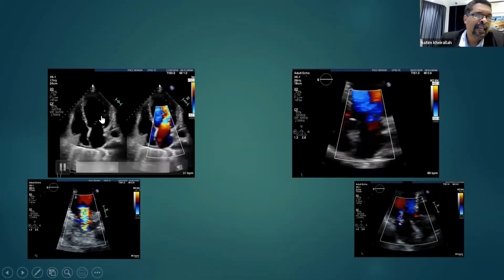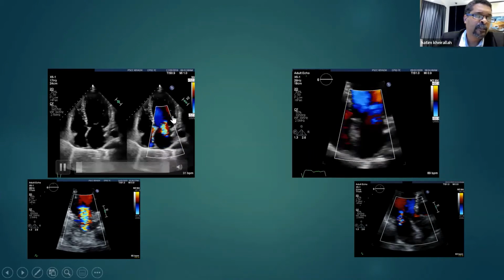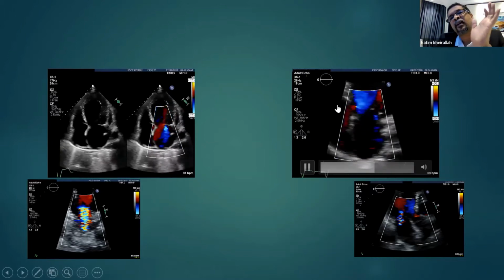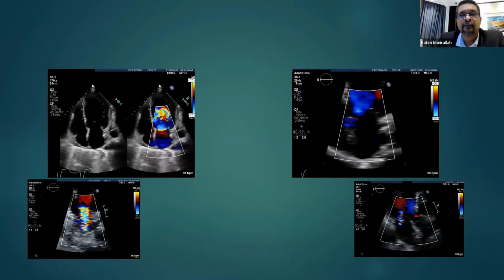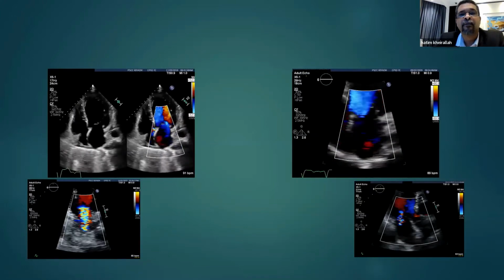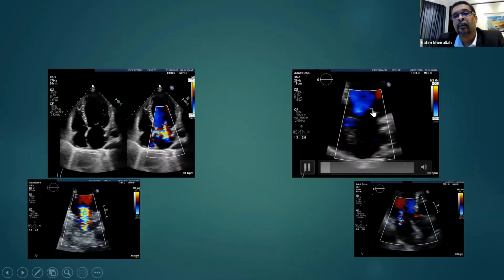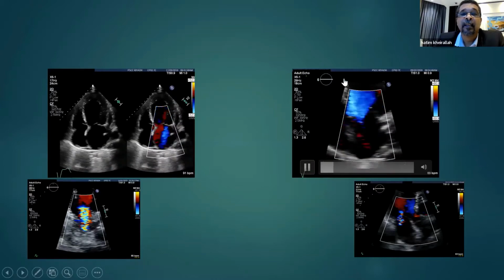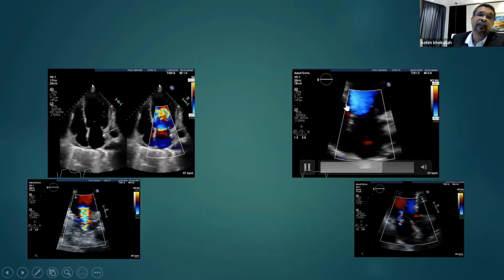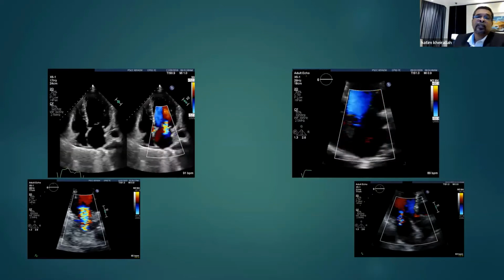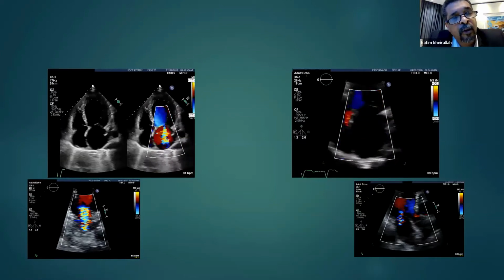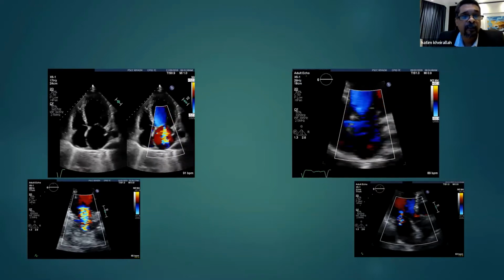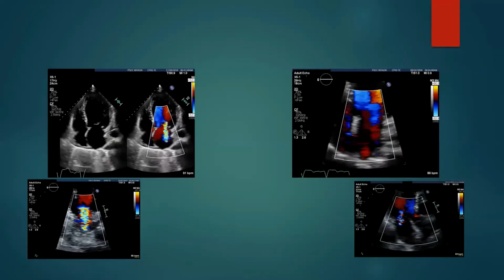And he was doing dialysis, in fact, but it was probably not optimal, because when we intensified his dialysis, after 1 month of this escalation of dialysis, the MR had disappeared or become just mild, and the LV function returned to normal. So this is one of the reasons of reversible severe mitral regurgitation and reversible cardiomyopathy by metabolic derangement.